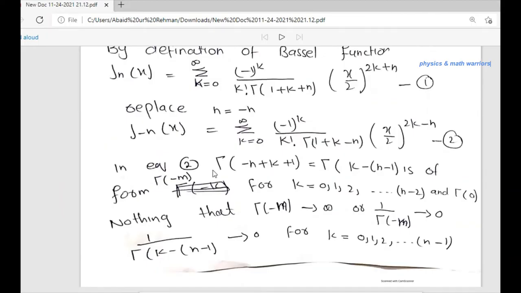In equation 2, gamma of minus n plus k plus 1 is of the form gamma of minus m for k equal to 0, 1, 2 and so on. And gamma of minus m goes to infinity, or 1 over gamma of minus m is equal to 0. So 1 over gamma of k minus n plus 1 goes to 0 for k equal to 0, 1, 2 and so on.